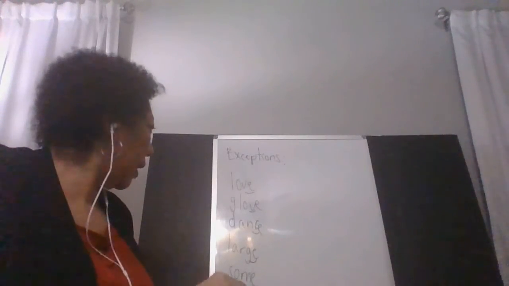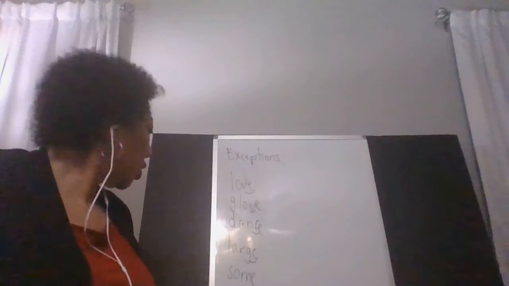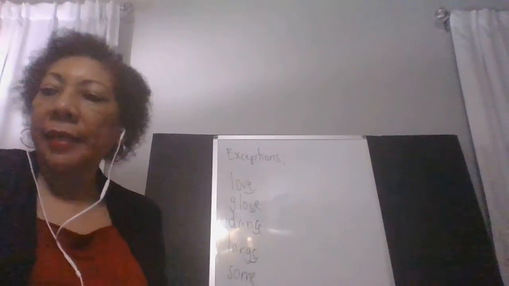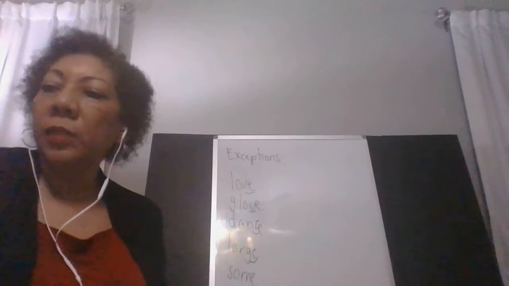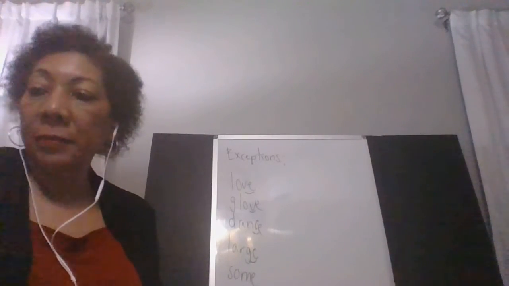So that's why we have love, glove, dance, large, and some. Those are examples. Again, your E can only move one letter over to make the vowel say its name.